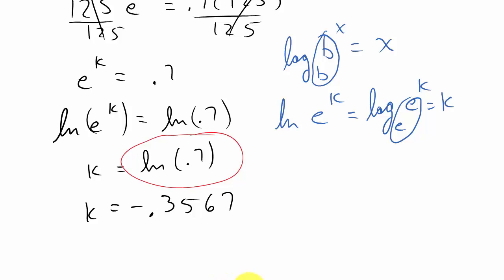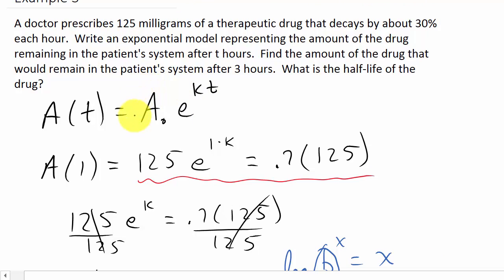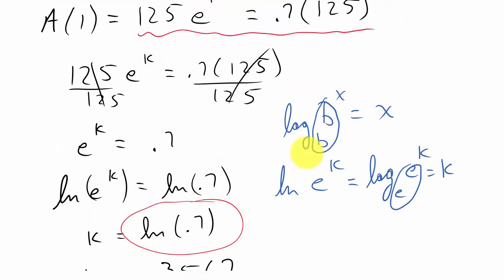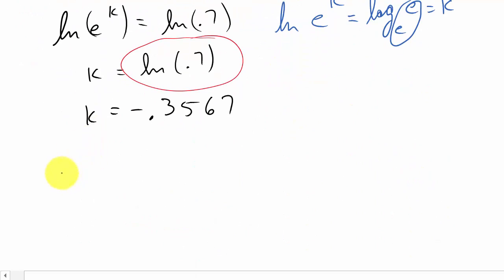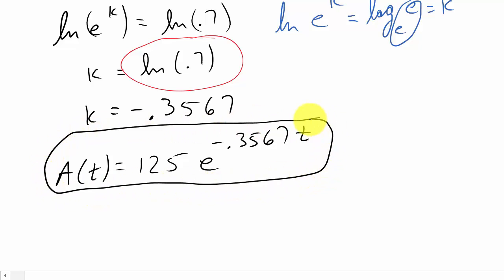Now we take our value for k and plug it in, and take the 125 and plug it in for a sub 0, and that will give us our function in terms of t. So A of t is equal to a sub 0, the initial amount present, 125, times e to the k, which is negative 0.3567 times t. That answers the first part of the question.